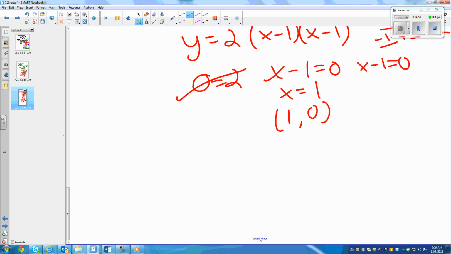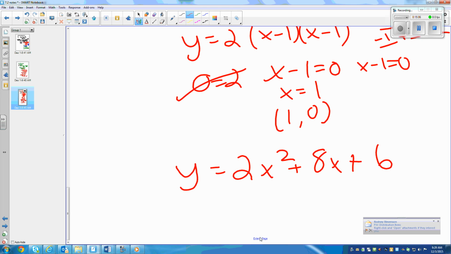Let's do y is equal to 2x squared... but then we could take out a common factor if I did this. Let's do decomp, okay? I just can't think this morning. Let's do decomp on this.